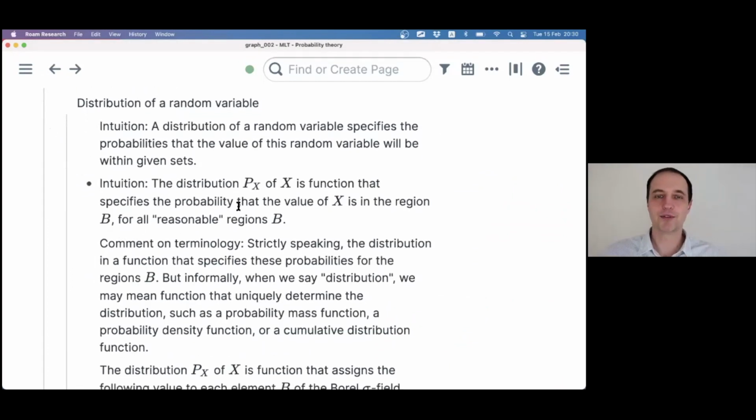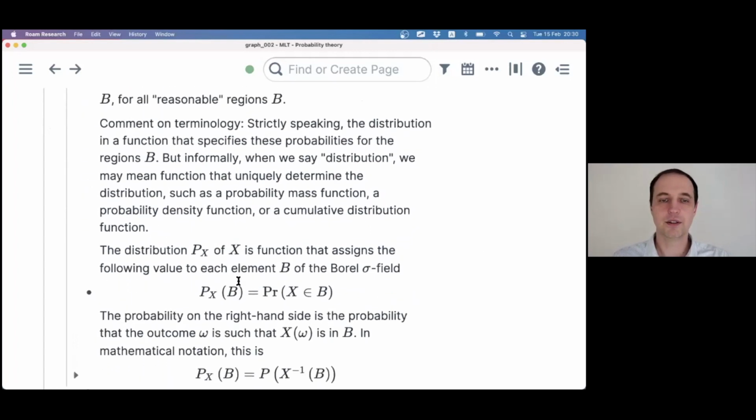The argument of this function, P of x, is going to be a set. It's going to be a region or set to which x can belong. And the function gives you the probability of that set, the probability of x belonging to that set.